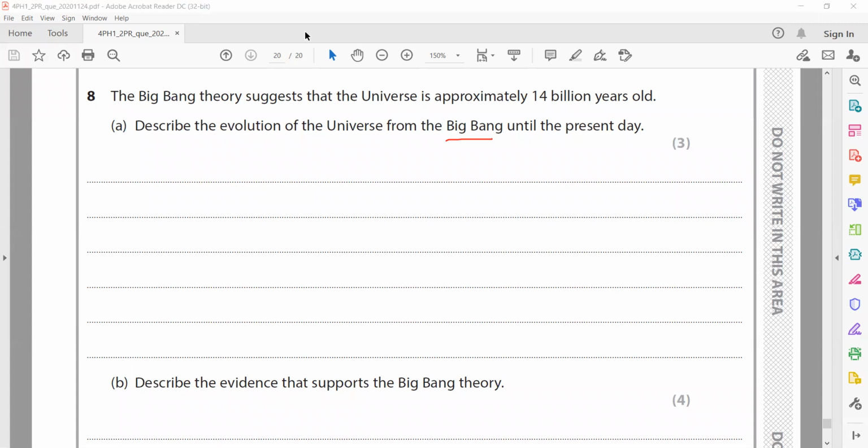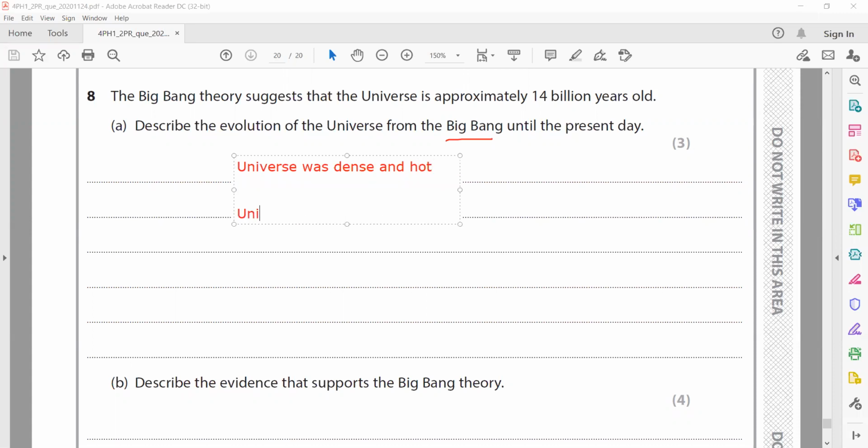So the universe in the beginning was dense and hot.